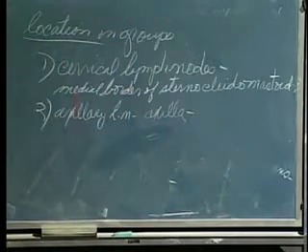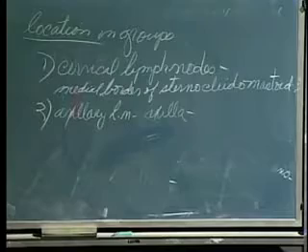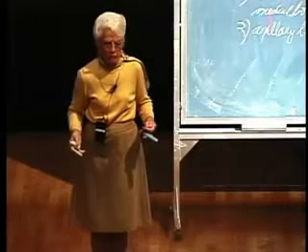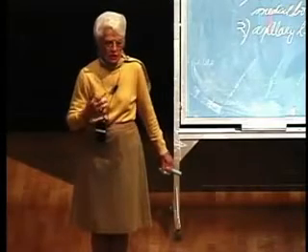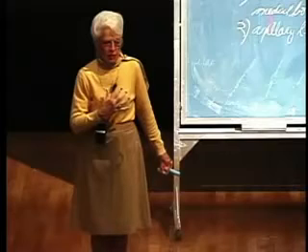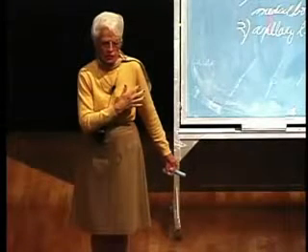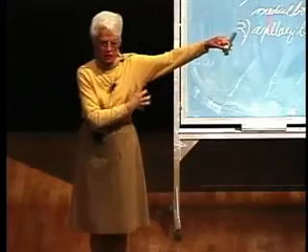Because it's important that women know their axillary lymph nodes well. Because with breast cancer, the cells will travel from the breast into the lymph nodes, and the first ones it's going to encounter are the axillary lymph nodes.